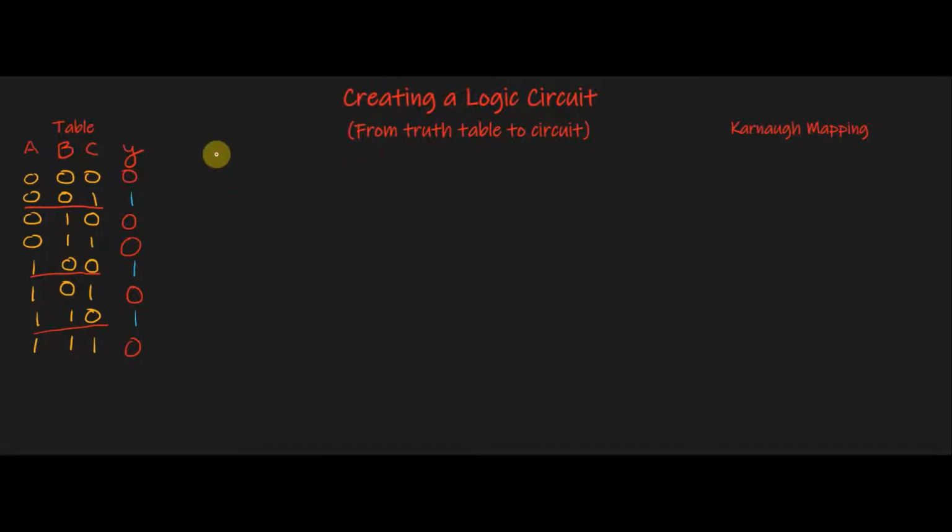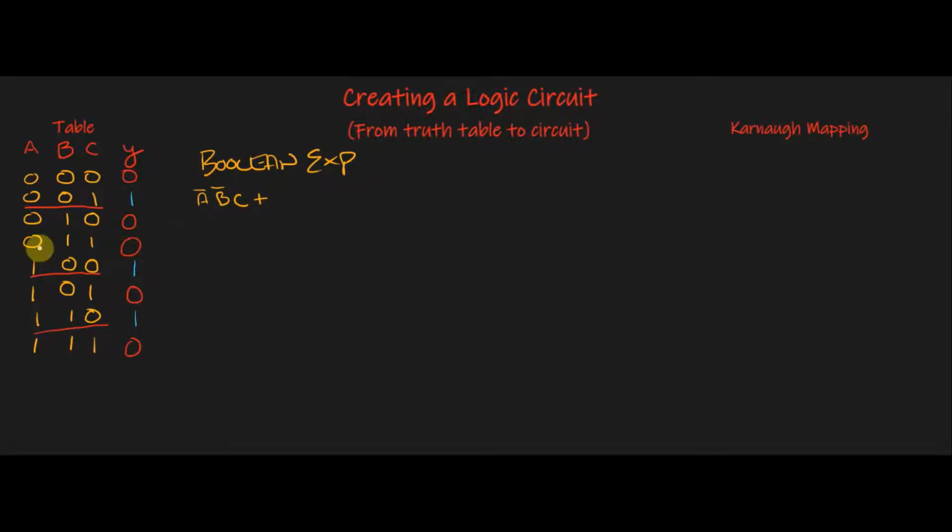We're going to do it by first creating a Boolean expression. We'll take each one of these and add them together. So 0, 0, 0 for A, B, and C is going to give us A naught, B naught, and C. That's a 0, 0, 1.